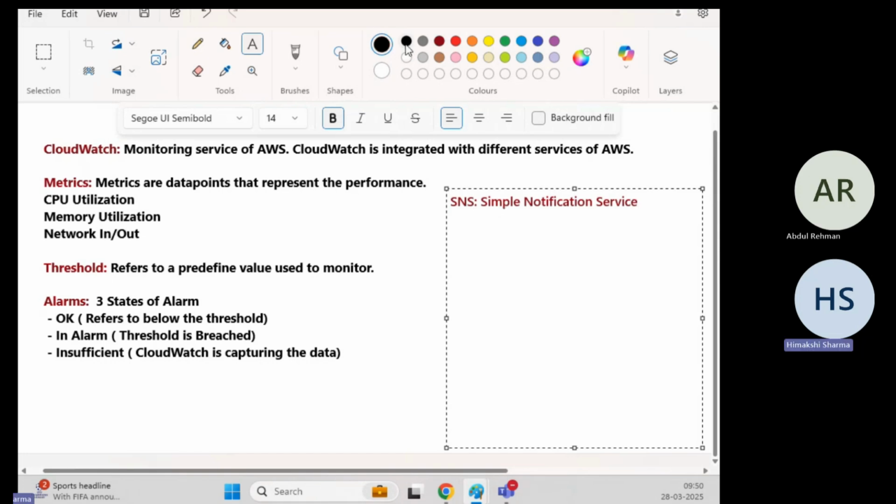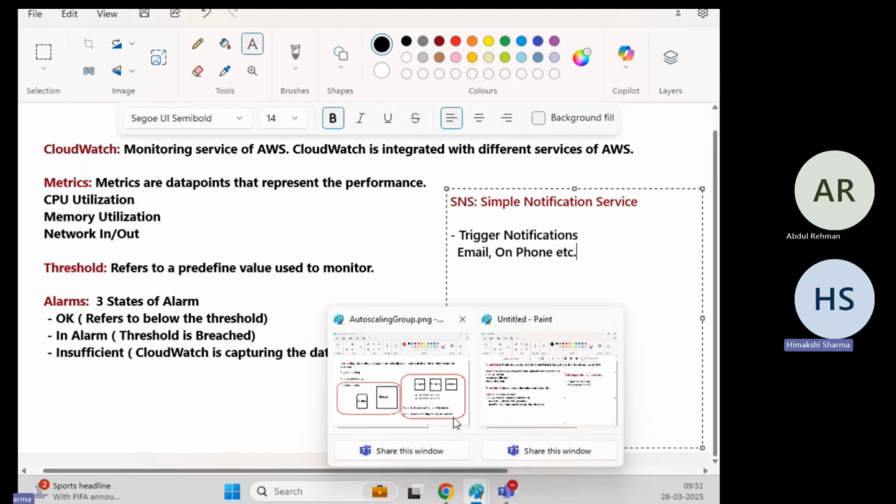Basically, it helps you to trigger notifications on email, on phone, etc. Email is very popular. On phone hardly people do that, but we can do that. There are also multiple URLs or other endpoints where, if you want to trigger the notification, we can do.